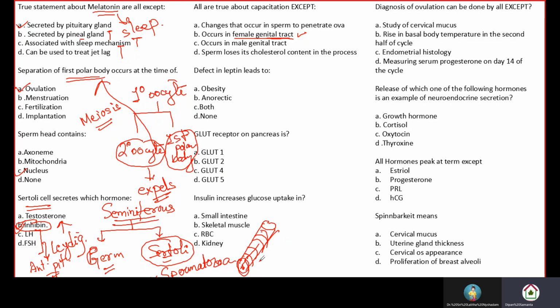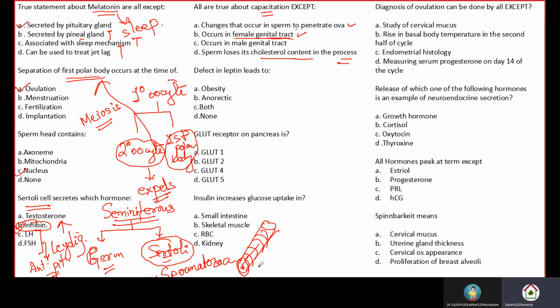Okay, and they lose excess cholesterol, and the membrane of the head of the sperm becomes weaker, which makes penetration of ova easy. So option A, changes that occur in sperm to penetrate ova, is only the definition of capacitation. It occurs in the female genital tract, obviously. It loses its cholesterol content in the process.